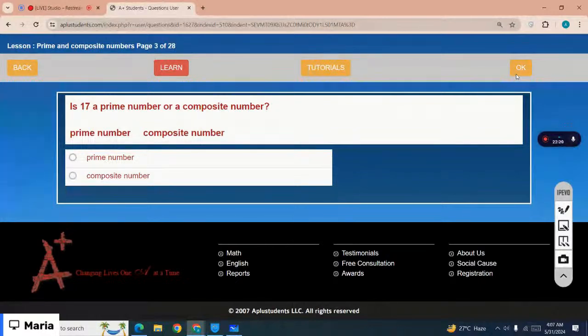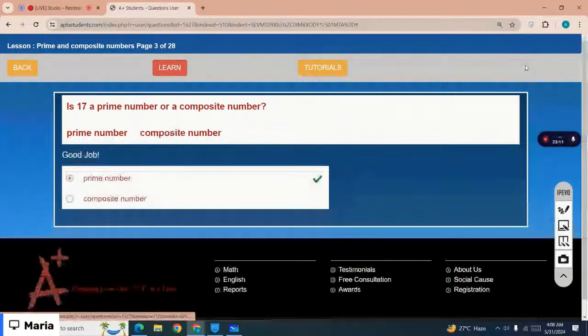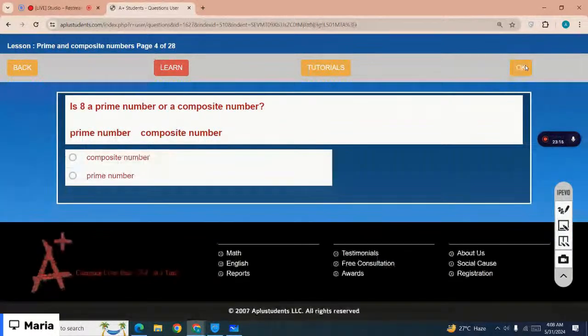Is 17 a prime number or a composite number? The correct option is prime number. 17 has only 2 factors, 1 times 17. Is 8 a prime or composite number?